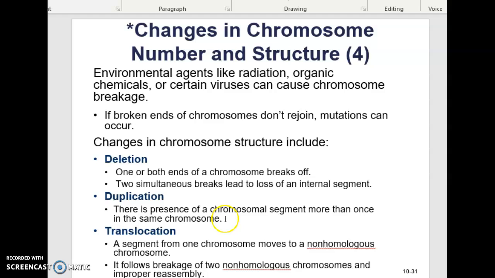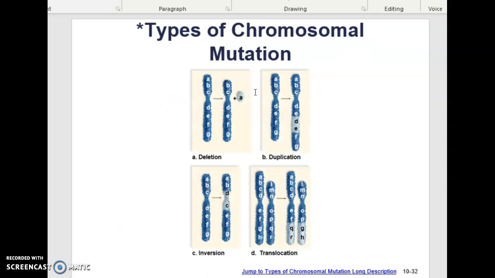It accidentally got copied twice. And then sometimes you'll see a translocation, where a segment from one chromosome moves to a non-homologous chromosome, meaning it's not in the right spot. It got put in the wrong spot. These are all things that can happen to a chromosome to change its actual structure. It can happen because of things like environmental agents, radiation, chemicals, viruses, and there are some other factors as well.